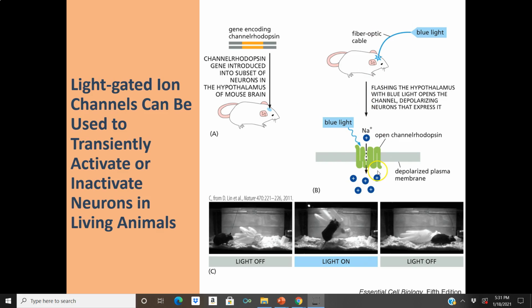So when the channel is open, the sodium ions are going into the cytosol, depolarizing the plasma membrane and causing that aggression response. So this is how effective these channels are. They are very quick to respond to whatever environmental stimuli they are meant for, and cause an action potential to cause a response.